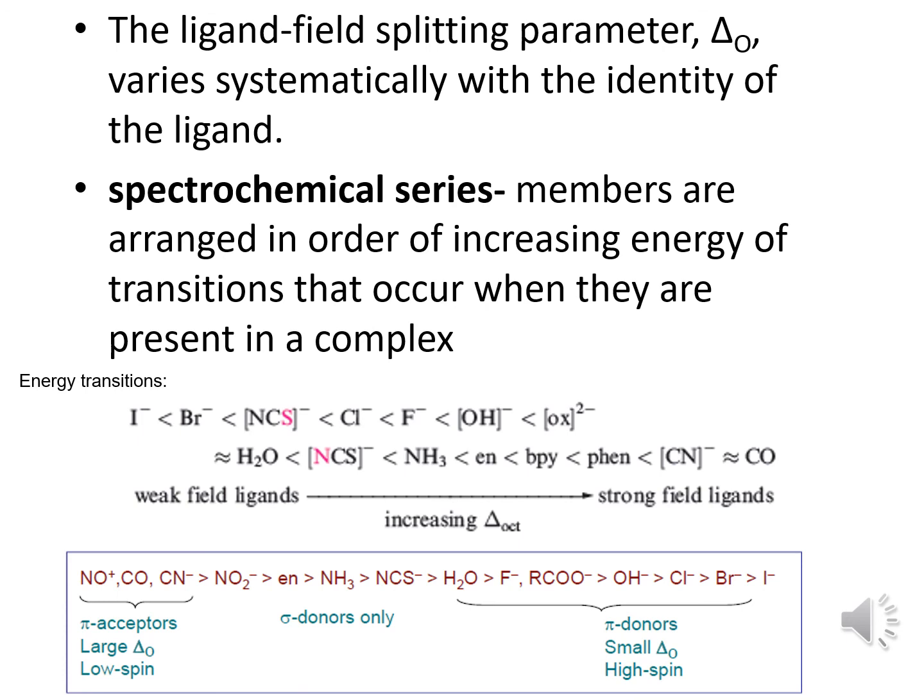So for example, the weak field ligands have small delta O, like your halogens. These are also high spin, and they are also pi donors. Then at the middle you have your sigma donors only. And here we have pi acceptors, which would have large delta O and would be low spin.